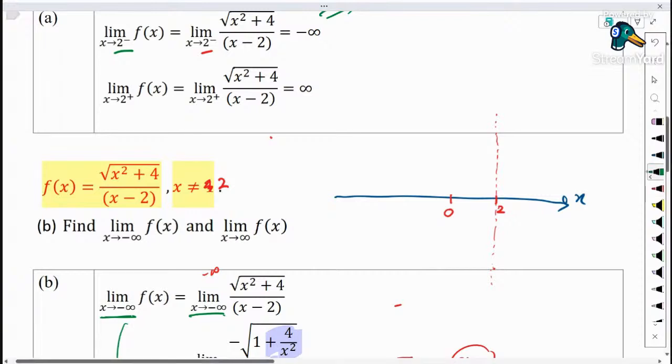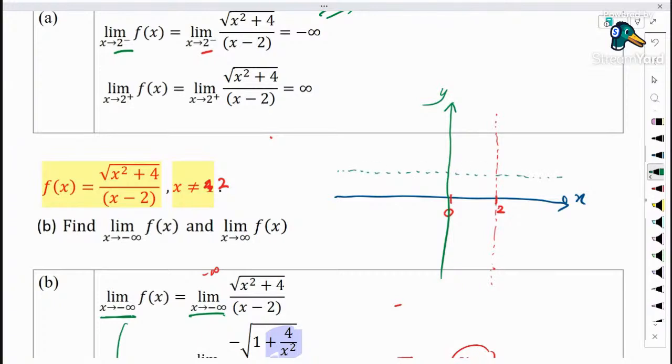Then my y-axis may be somewhere here. And then the horizontal asymptotes, as we found out, are located at plus minus 1. So this is y equals positive 1, y equals minus 1.